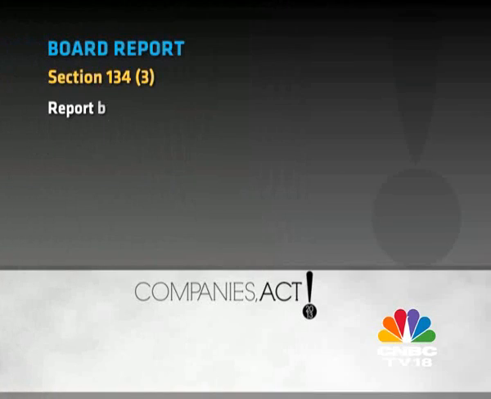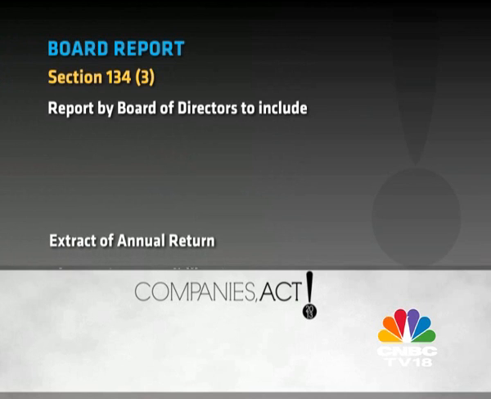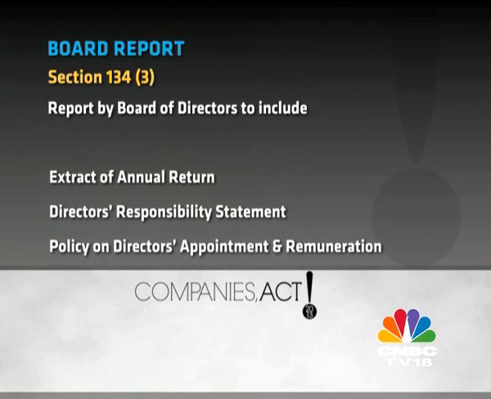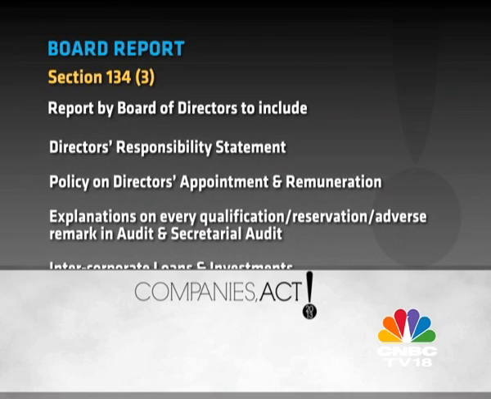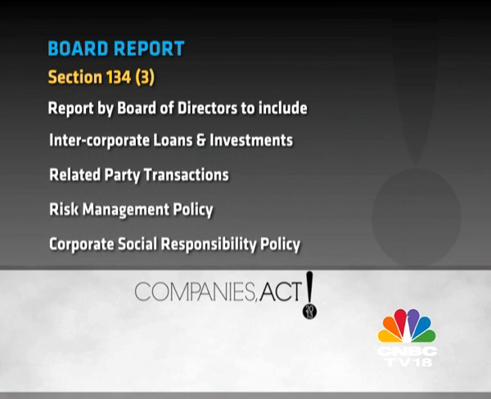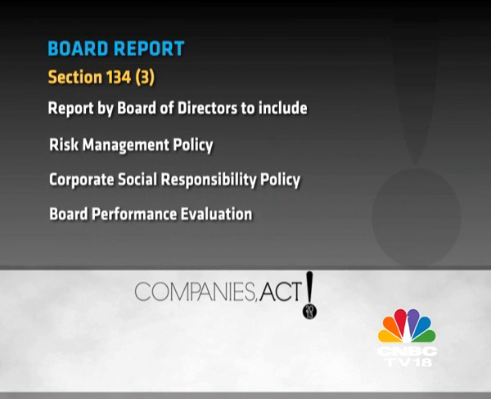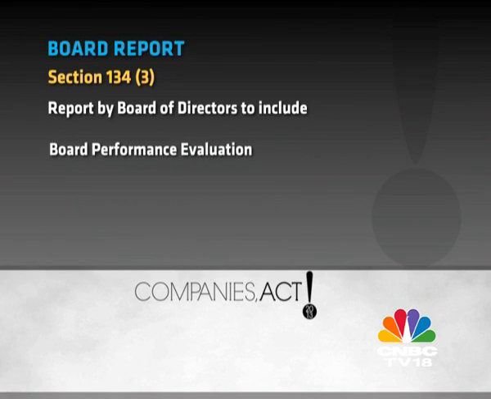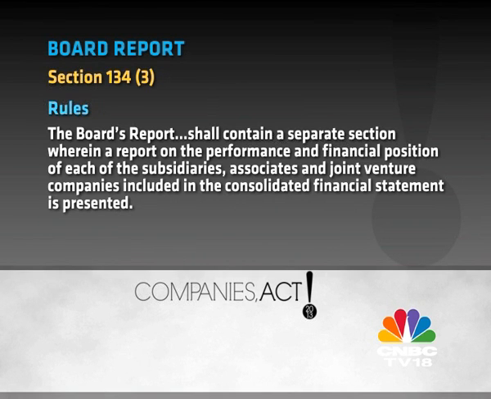Compared to the 1956 Act, the 2013 Act requires many more disclosures in the board report, such as appointment and remuneration policies, explanation on every adverse remark made in the audit and the secretarial audit, intercorporate loans and investments, related party transactions, the risk management policy, CSR policy, board performance evaluation, and a separate section with a report on the performance and financial position of each subsidiary, associate, and joint venture included in the consolidated financial statement.